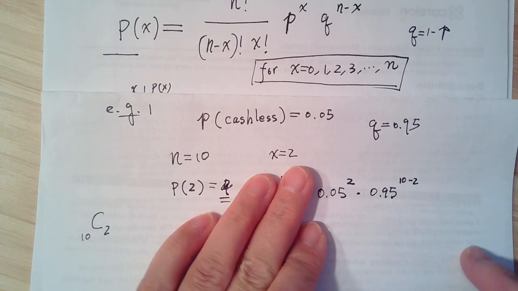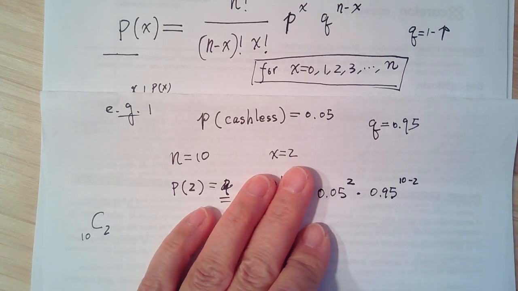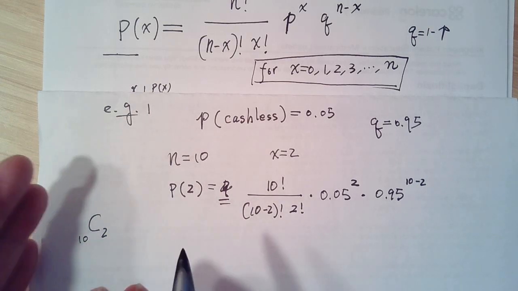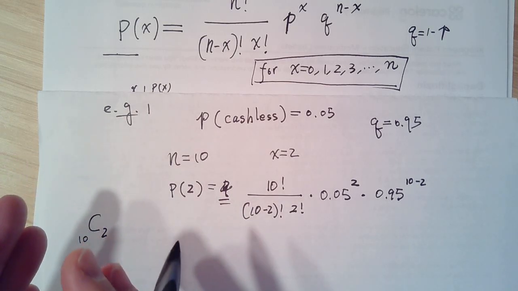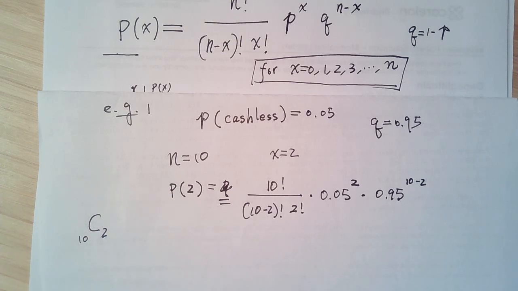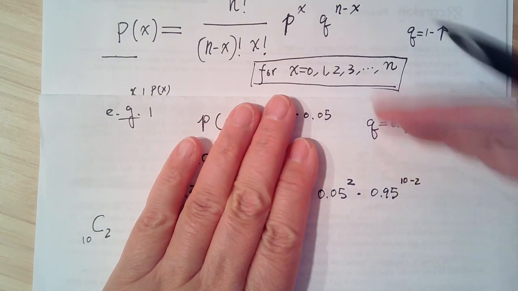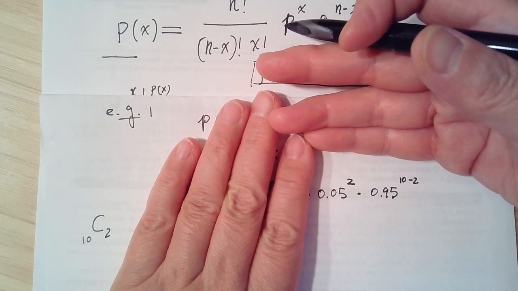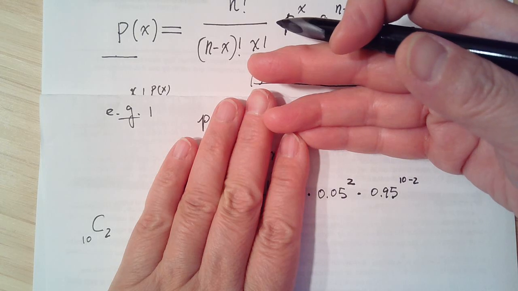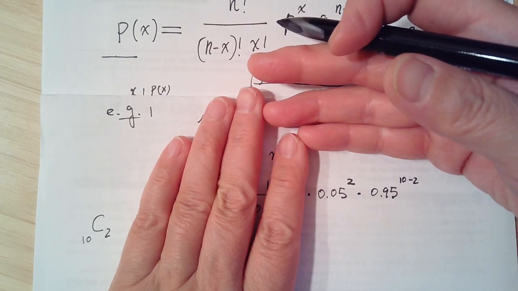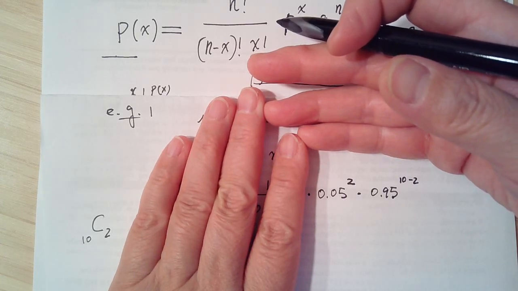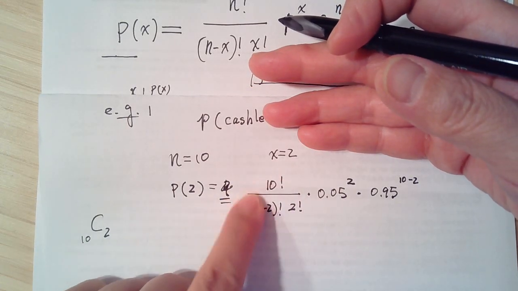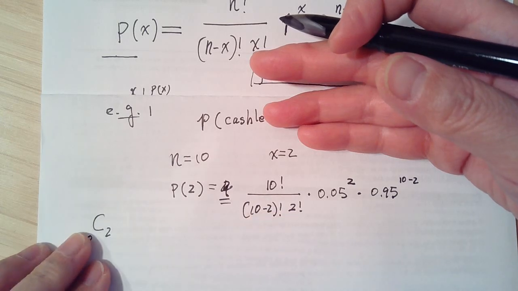And how many different ways can you do this out of these 10 people? It could be the first one cashless, the second one cashless. If number 1 and number 2 are cashless, then that's the probability here, right? And what happens if number 1 and number 3 are cashless? The chance is also like that. So how many different ways can 2 persons out of 10 be cashless? That is this. That's how many different ways you're going to arrange these 2 persons in this group of 10 people. You see that?